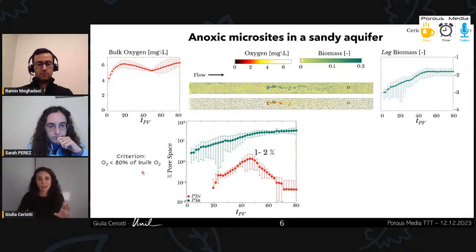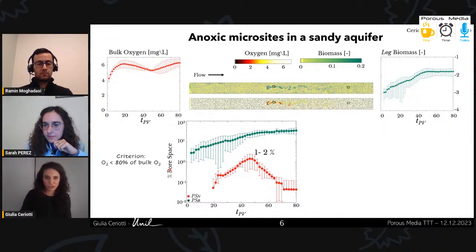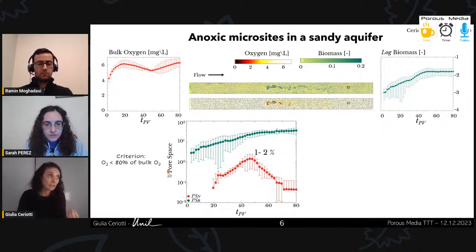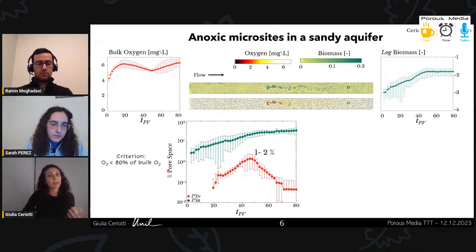So for people who are familiar with the concept of anoxia in the environment, this is clearly not an anoxic threshold. We are still in oxic conditions, but the idea is that we want to identify points characterized by a significantly lower oxygen concentration compared to the bulk, which potentially can trigger some anaerobic processes.